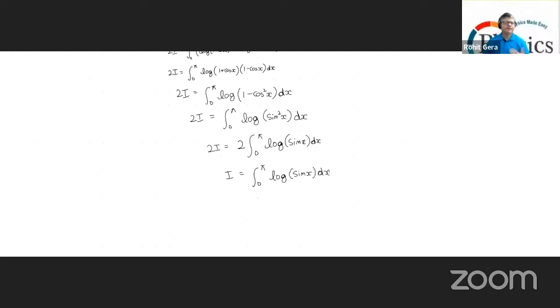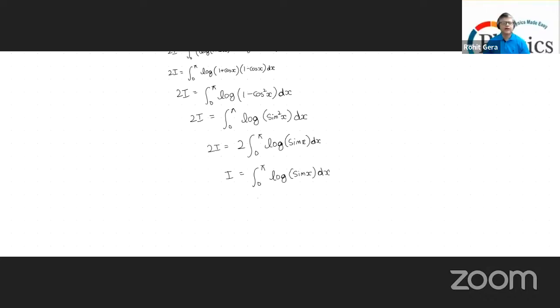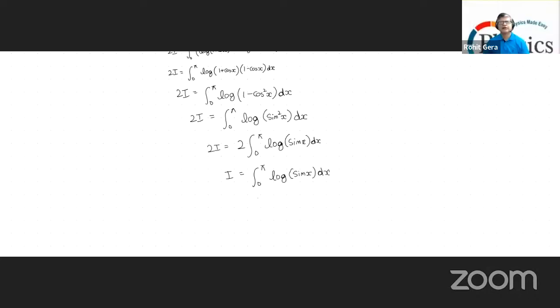So odd and even functions, if you can remember them: if it is an odd function, the integral becomes 0. And if it is an even function, then it is 2 times 0 to a, if it is 0 to 2a.